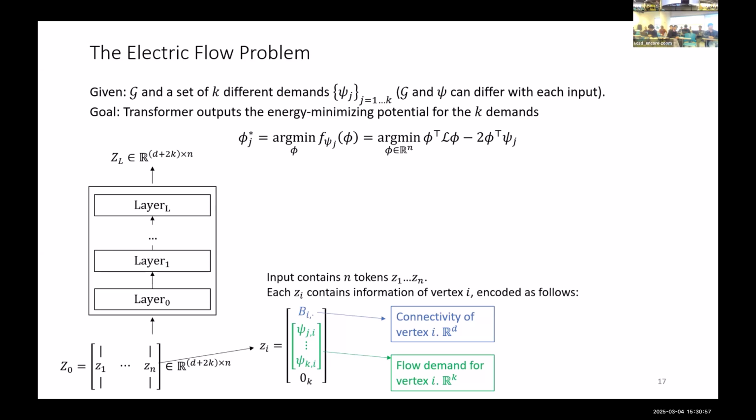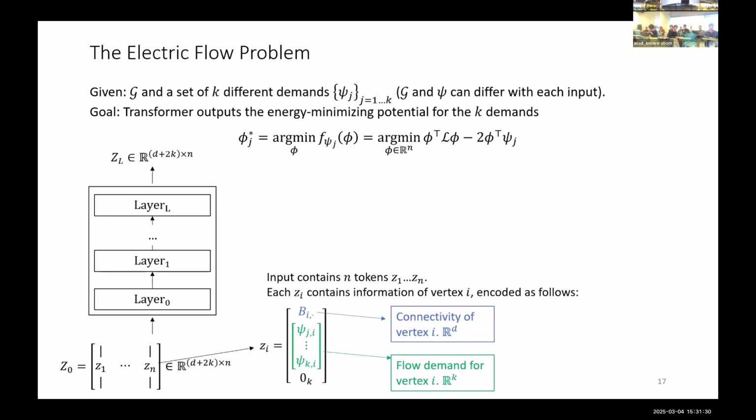And the encoding of the ith column is given by this. So it contains three things. First, it contains the corresponding row of the instance matrix, and that is where the transformer gets all the information about graph connectivity. Concatenated to B is this green vector, which is the demand on that vertex for 1 to k.